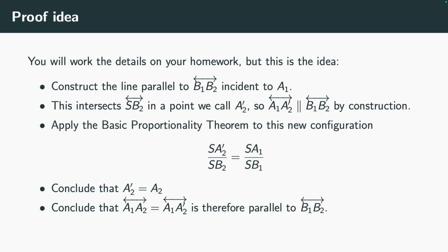And here's where most of the work is that you're going to need to do. I want you to conclude that that forces the point A2 prime to equal A2. And from that, you want to say that this line A1, A2, which is the one we started with, is equal to this new line that we constructed, and therefore is parallel to B1, B2 by the construction.